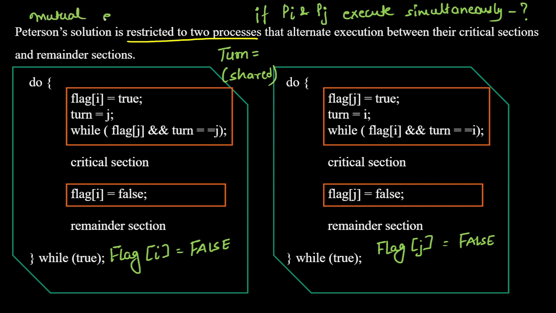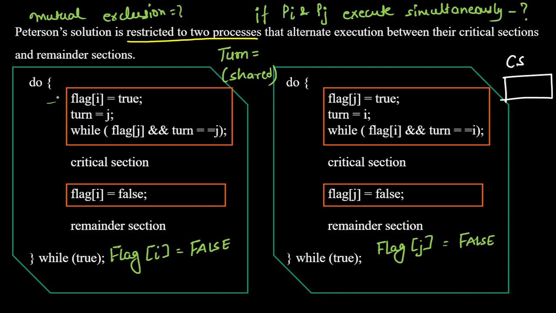This is what I have to check. If both the processes are executing at the same time, meaning I'm executing these processes one by one, then will two processes enter the critical section at the same time or not? So basically I'm checking mutual exclusion.